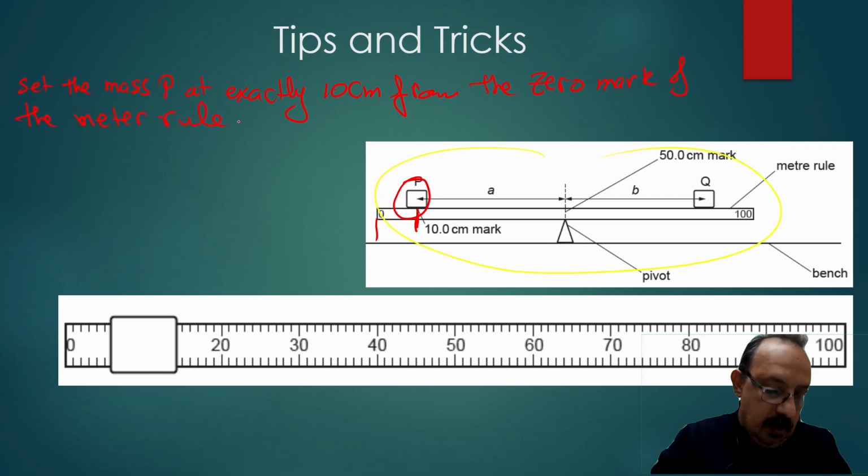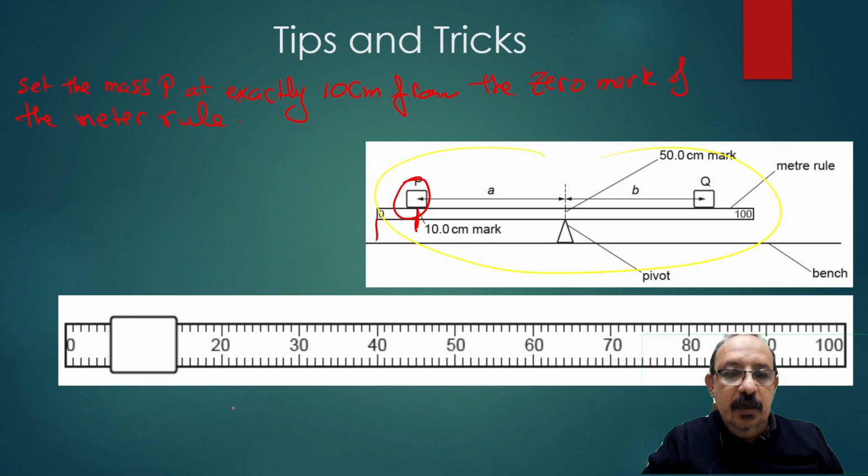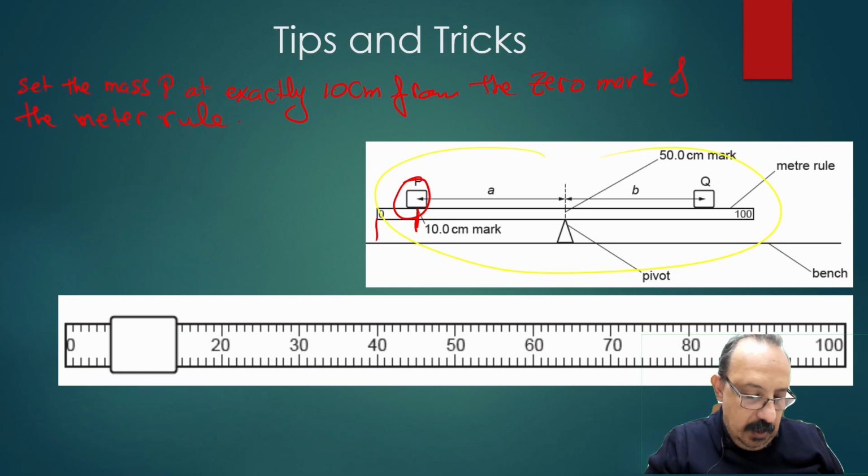Okay, if you take a look at the meter rule setup, and how we are going to put the mass on the meter ruler, you can see that you cannot actually see the 10 centimeter mark.